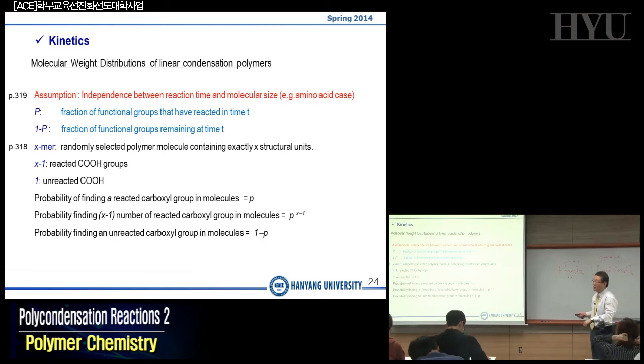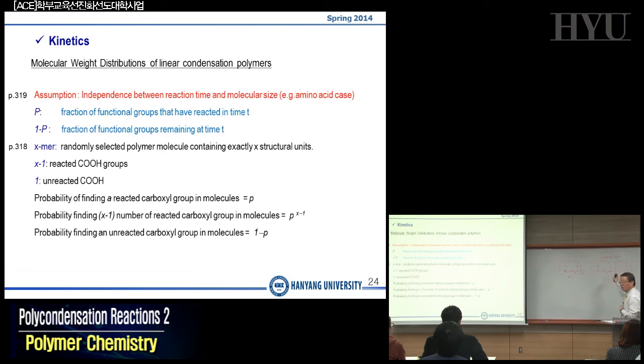Okay. Now let's say that you have xmer. Xmer contains X repeating units, and at the end of your chain, you have 2 functional groups left. Now, for xmer, we know that it is a randomly selected polymer molecule containing exactly X structural units.